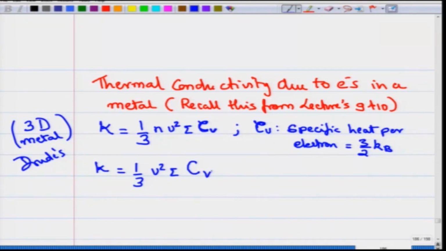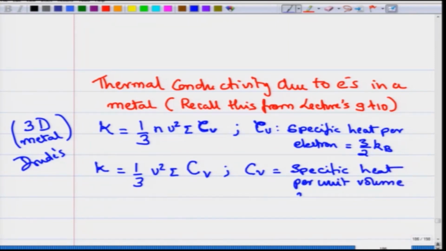And now, this capital C v that I am writing, this capital C v is the specific heat per unit volume of electrons in the metal. So, here we are looking at the specific heat due to all the electrons inside the metal, and it is per unit volume. And what is the relationship between this capital C v and curly C v?